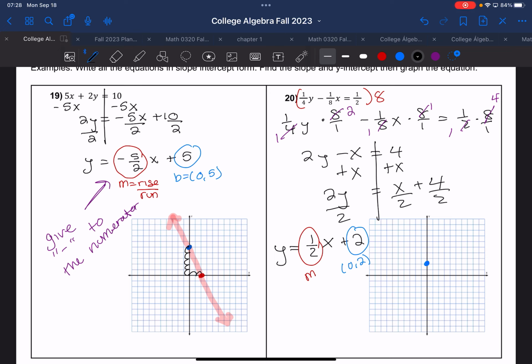It's rise over run, so what direction am I going first? Up 1. And then that 2 is telling me to go in what direction? To the right. Okay, and then once I have 2 points, I can create my graph.